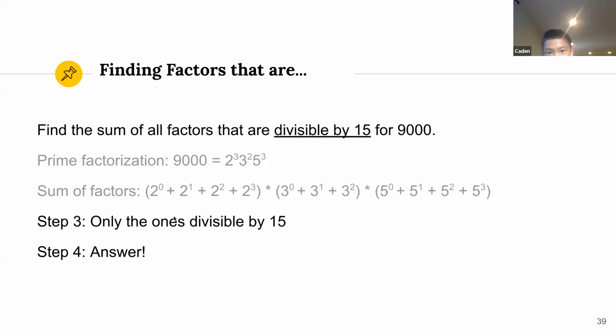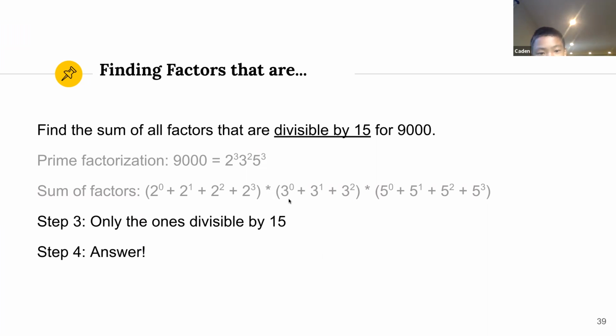So you have to find the normal sum of the factors, but since it's divisible by 15, it has to be like 15 or 30 or like that. So if you have 3 to the 0 and 5 to the 0, then that would not multiply out to a multiple of 15.